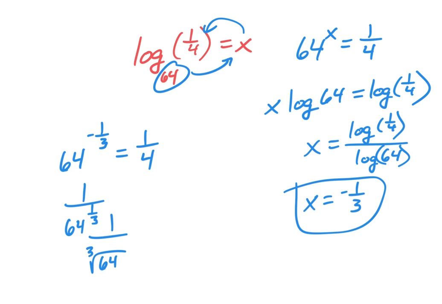And the cube root of 64, we could put that in our calculator, is 4. Okay, 4 times 4 times 4 would get us back to 64. Okay, so just trying to get you to understand why the negative 1/3 would make sense here, using our exponent rules and all of that. All you got to do is be able to get to the negative 1/3 as your solution.